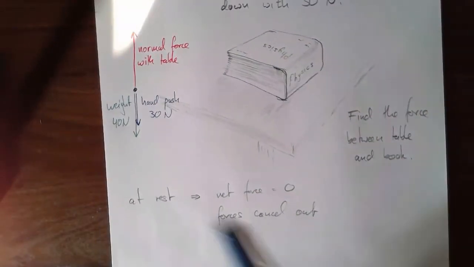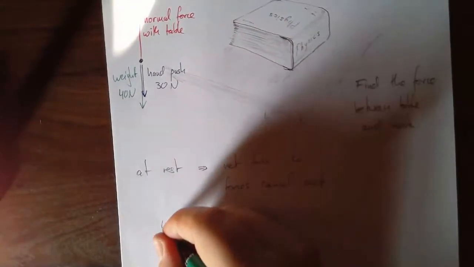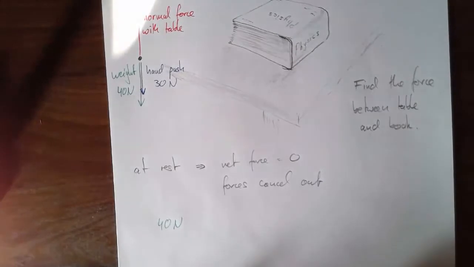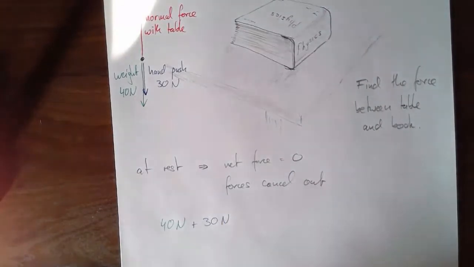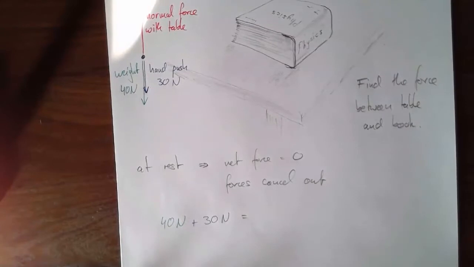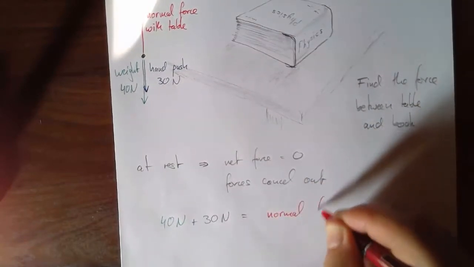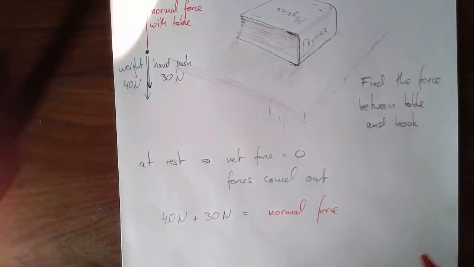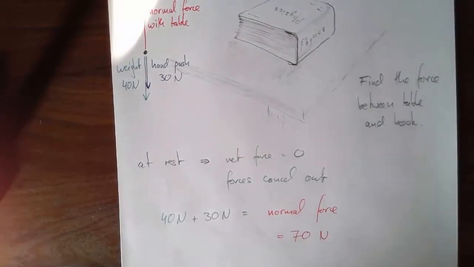So the weight and the hand, they work together, so you have to add those. 40 newtons down plus 30 newtons down. Well, that better be equal to the normal force. And so the normal force must be equal to 70 newtons.